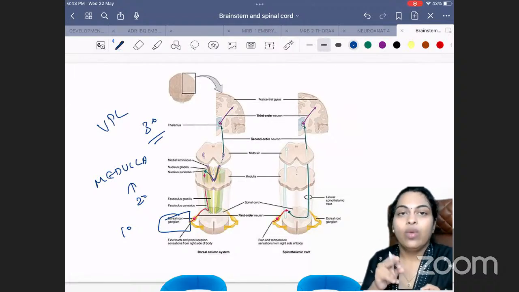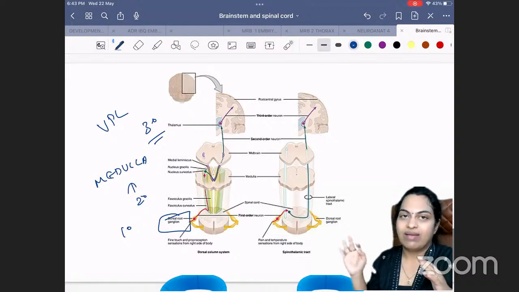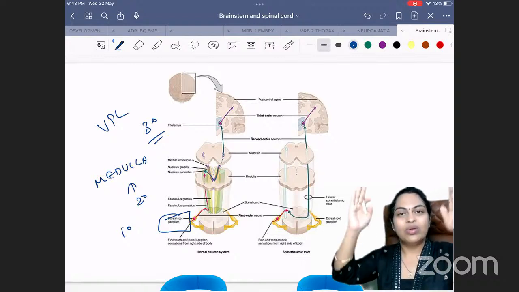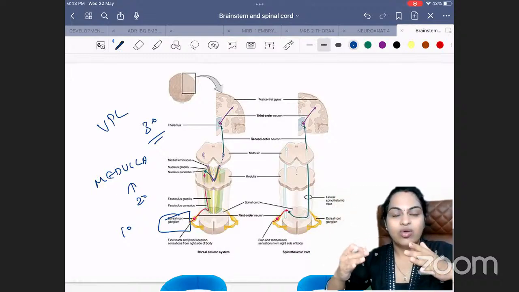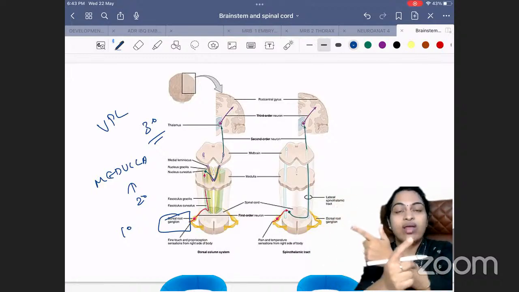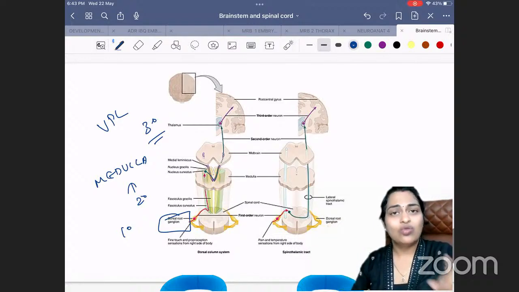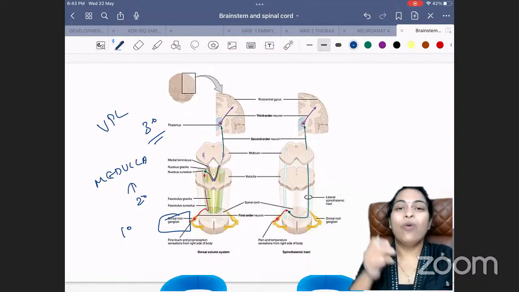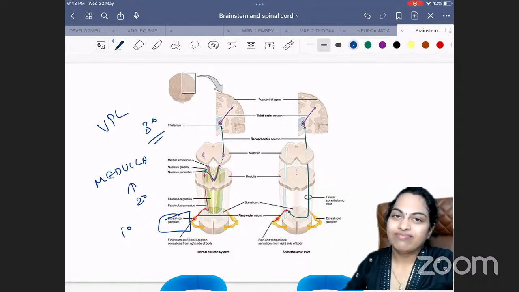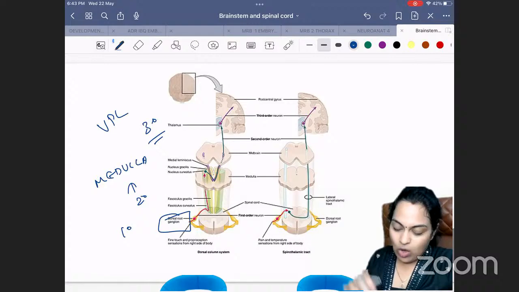Third order neuron, ventro-posterolateral nucleus of the thalamus. And remember, till medulla, it's on the ipsilateral side. But the axons of the second order neuron cross over and form the medial lemniscus. So injury to medial lemniscus causes loss of posterior column sensation on the opposite side of the body. Got it? Okay.